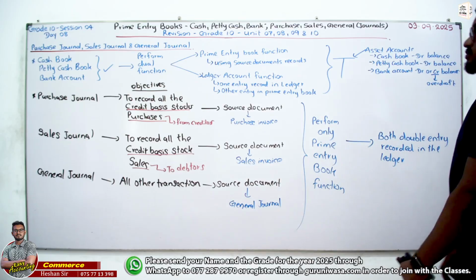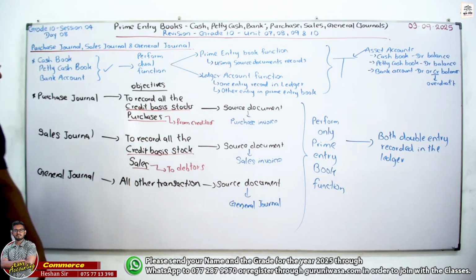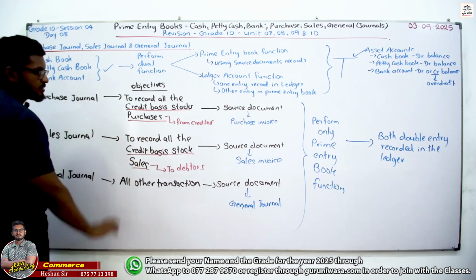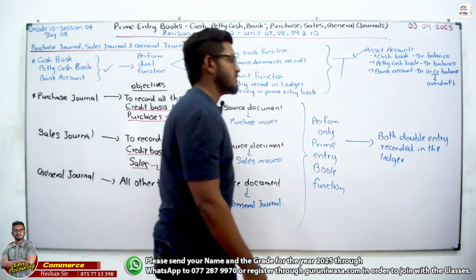So now, till then let's discuss purchases, sales and general journal. Hope you know, in here we record all the credit basis purchases. In here, all the credit basis sales and all other transactions. The source documents are relevant to here.